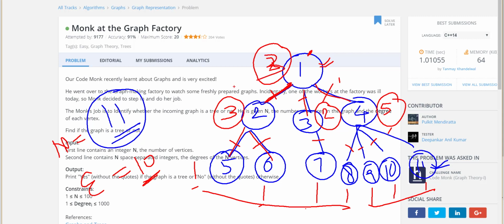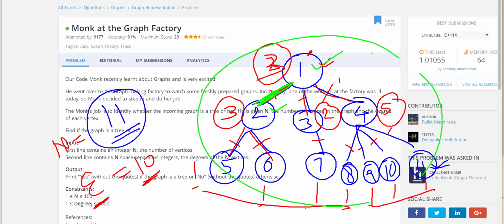So ideally, can I say that each edge is generating 2 degrees? Because if this is the edge we are considering, this is giving 1 degree to this vertex and 1 degree to the other vertex. So can we say if you add degrees of all the vertices, it should be 2 times the number of edges, right? And that will be a pretty straightforward check that we can have.